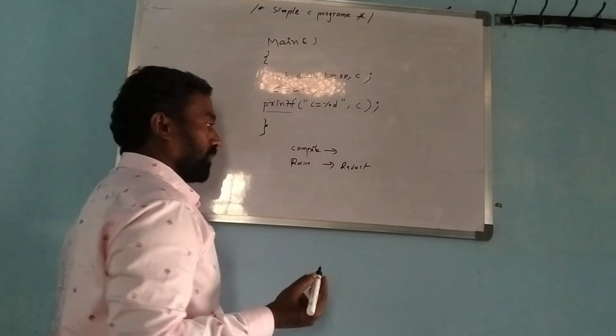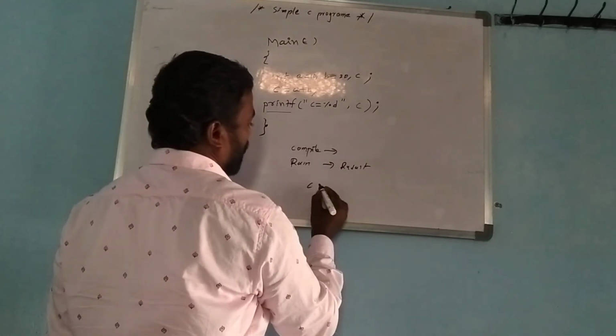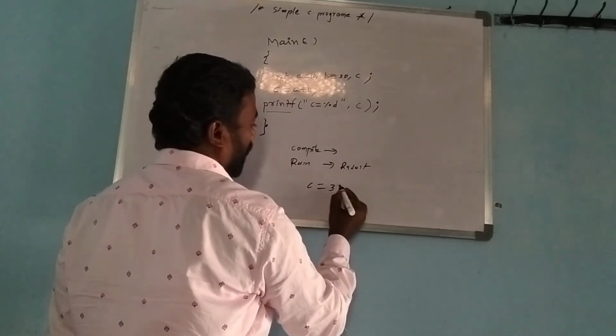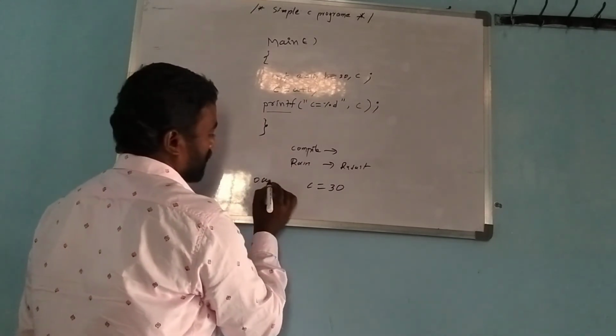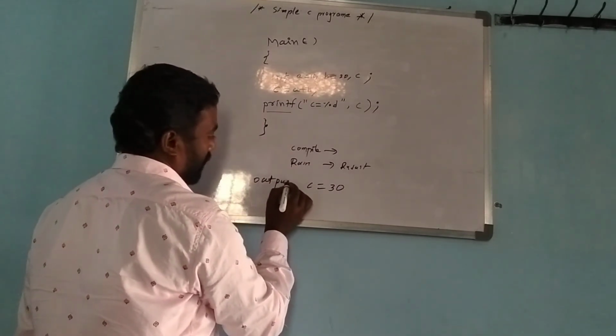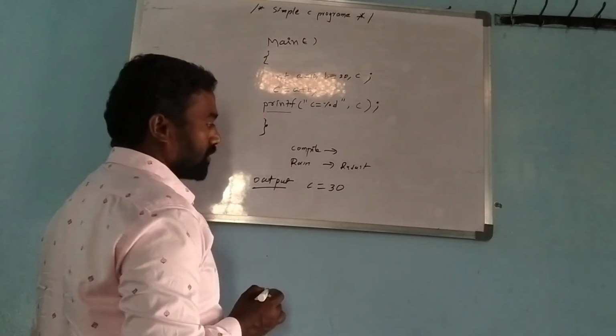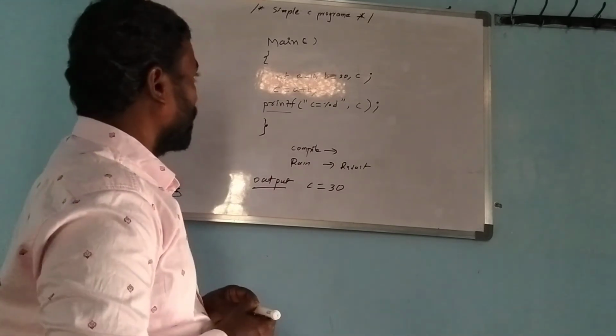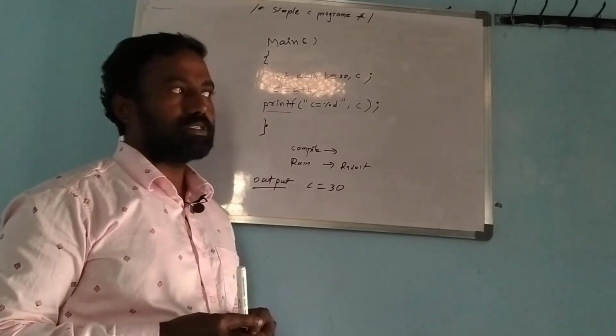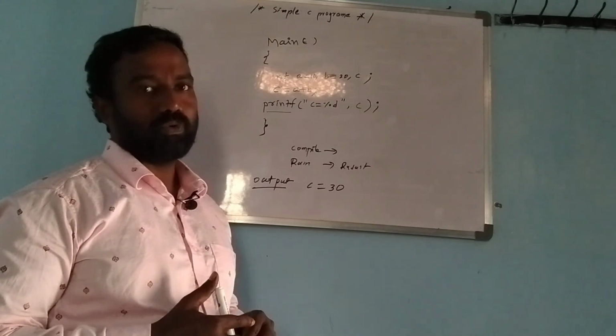The result, that is c equal to 30, will come. That is what we call output in computer language. Output is c equal to 30. So this is a simple C program.